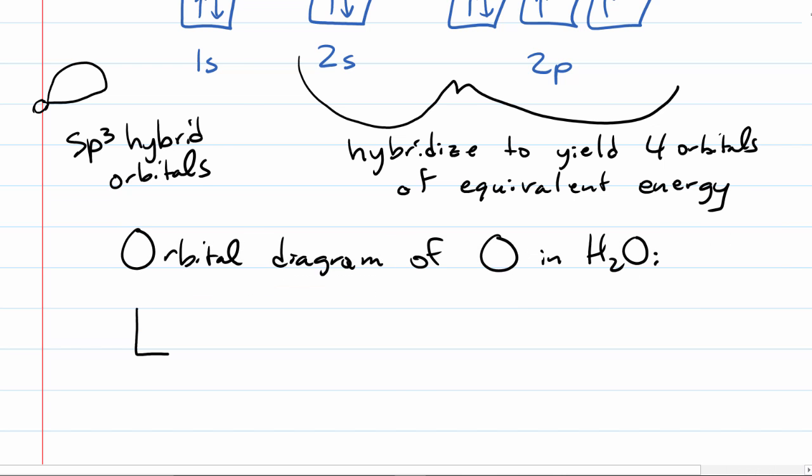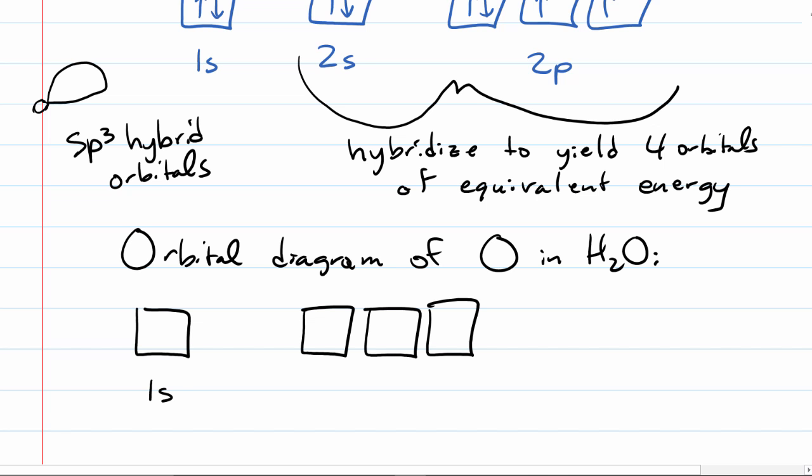We would say that we have the 1s sublevel, and then now we are going to have 1, 2, 3, 4 sp3 hybrid orbitals.